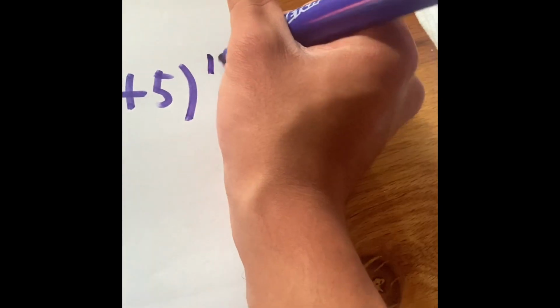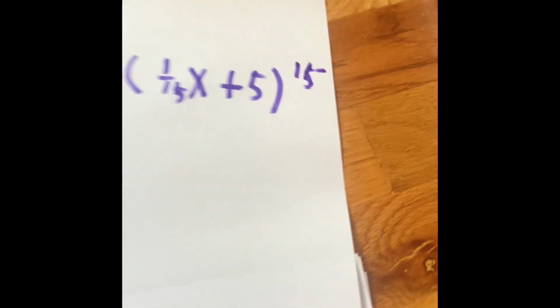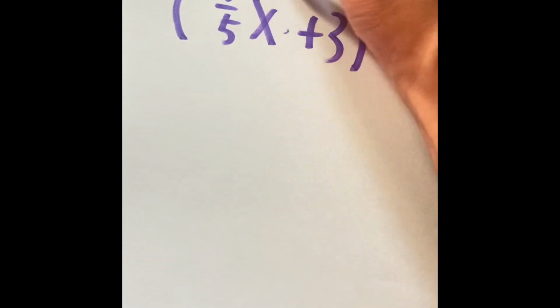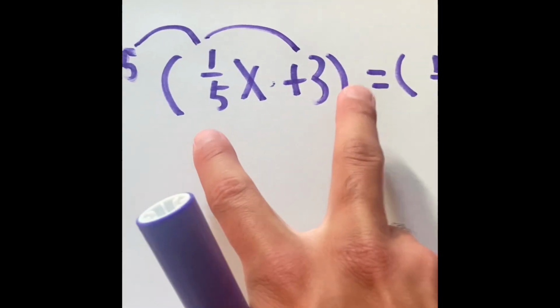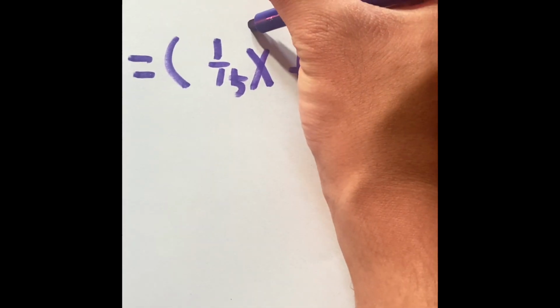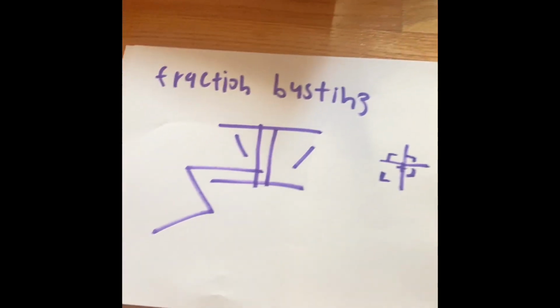So we can put 15 up here and put 15 up there. That will tell us the 15 has to attack this and that in this parentheses. And on the other side, the 15 has to attack that and that in parentheses. That is why we call it fraction busting.